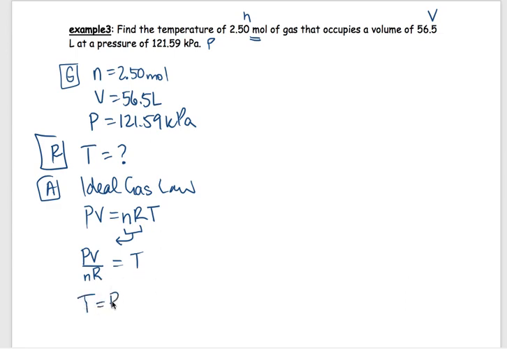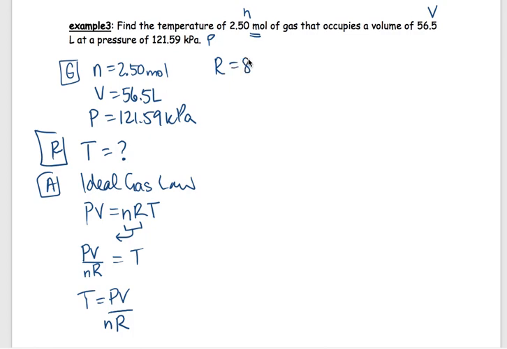So we're going to look at what values we need in order to calculate it. Well, we need R. So R, again, we have as 8.31 kilopascals liters over mole kelvins. Okay, so there's our gas constant. And then we already have our amount in moles, and we have our pressure.